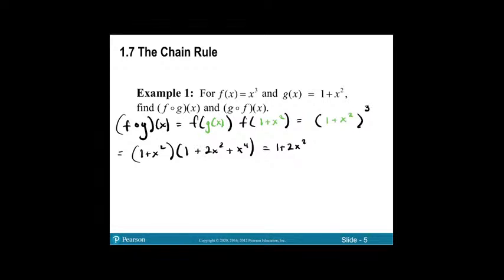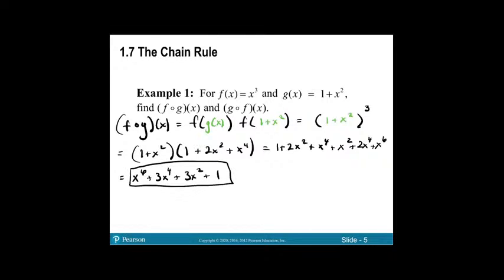If we distribute the x squared, that gives us x squared plus 2x to the 4 plus x to the 6. Ultimately we get x to the 6 plus 3x to the 4 plus 3x squared plus 1. We'll check on the next slide to make sure that we got it right.